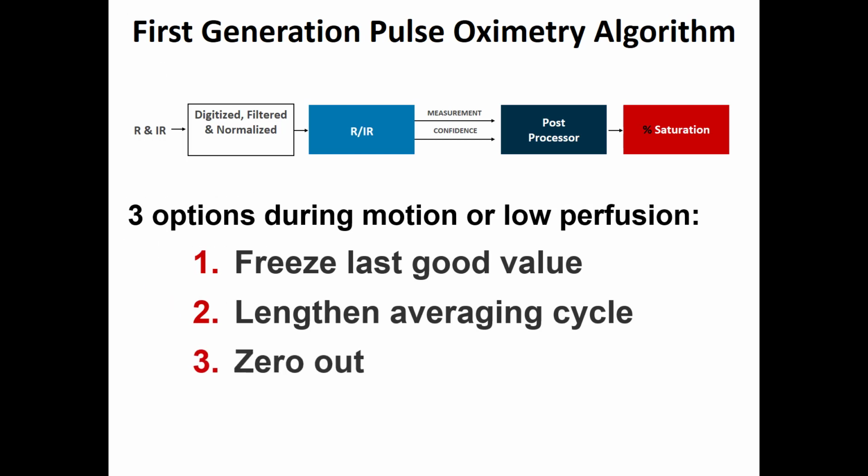And also we have another manufacturer that has solved this problem by putting a zero value. They don't show any value in the case of low perfusion or in the case of motion.